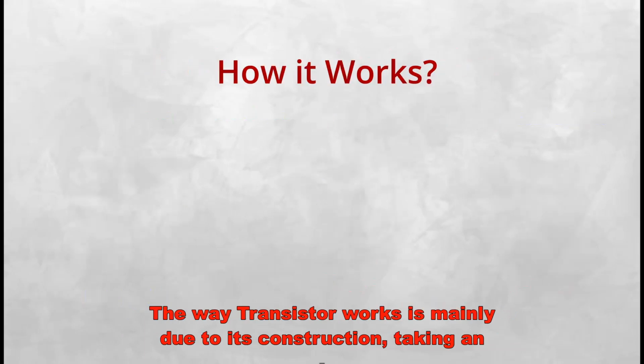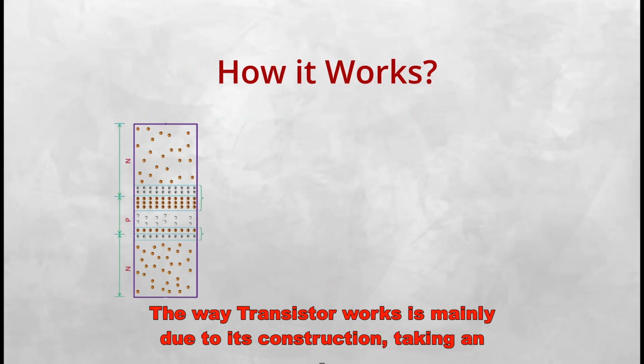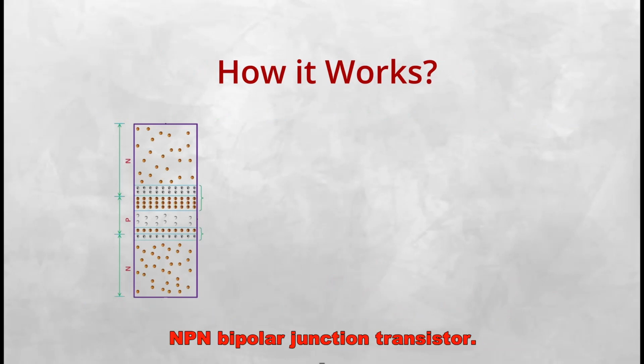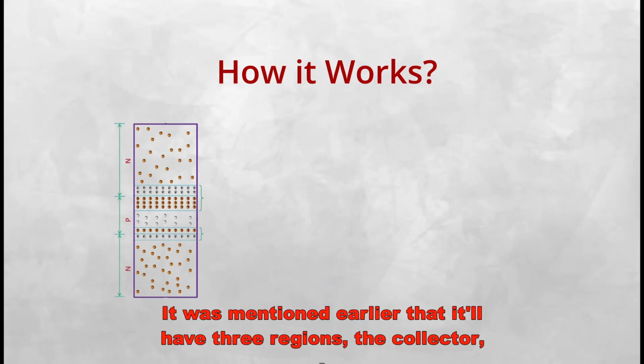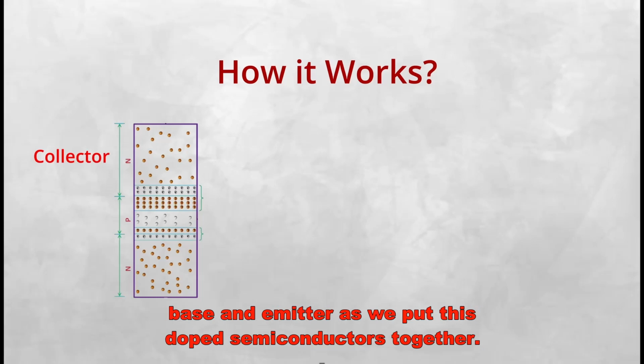The way a transistor works is mainly due to its construction. Taking an NPN bipolar junction transistor, it was mentioned earlier that it will have 3 regions: the collector, base, and emitter.